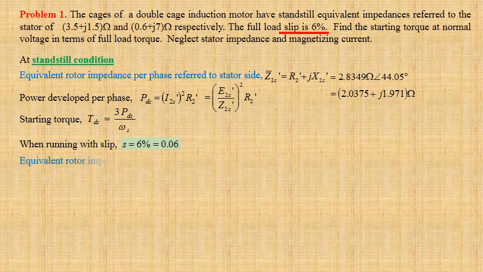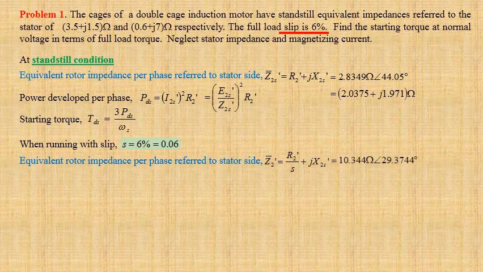Equivalent rotor impedance per phase referred to stator side Z2 dash equals R2 dash by S plus jX2S dash, that is equal to 10.344 ohm at an angle 29.3744 degree. This may be written in Cartesian form as 9.0141 plus j5.0739 ohm.